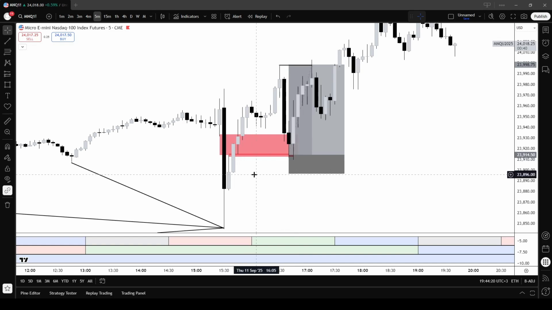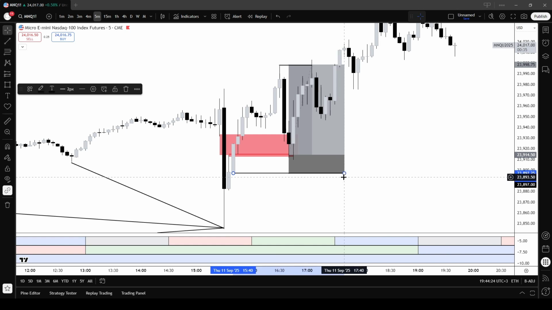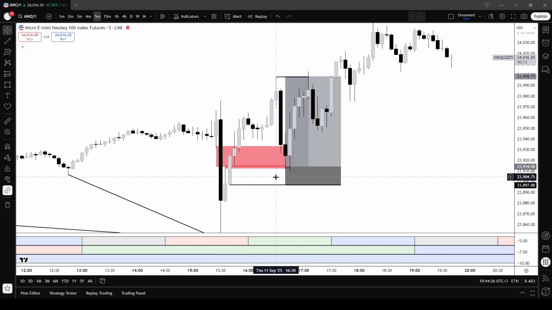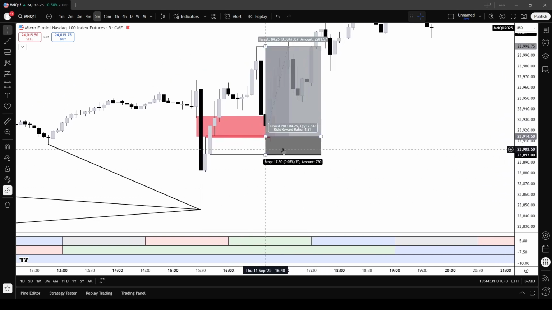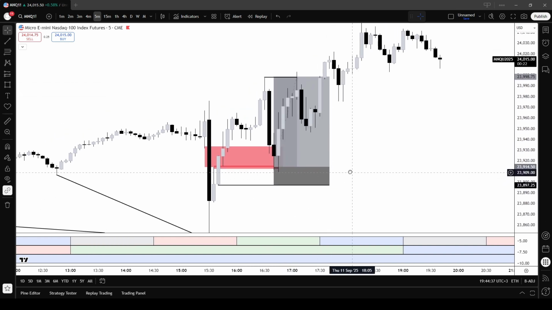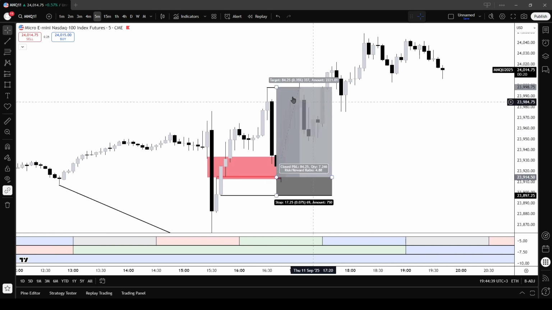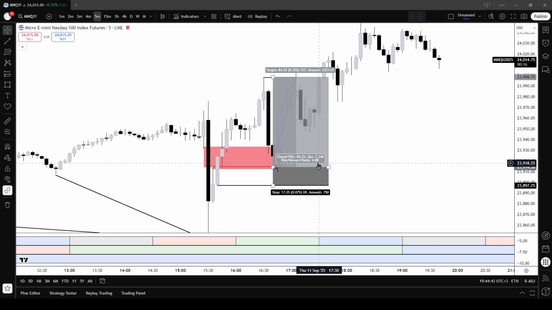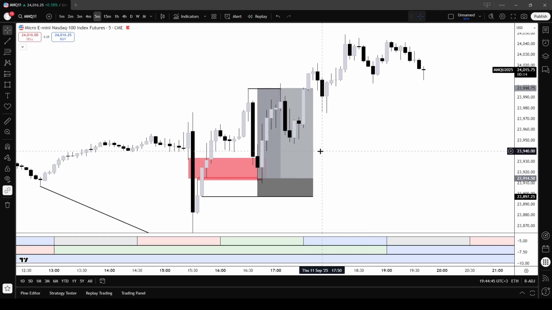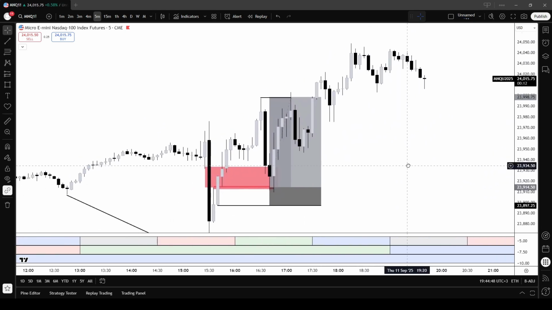My stop loss was below this candle, as you can see here. Why? Because I thought if the price goes down here, it will just drop, and there's no point in leaving the stop loss here or here. So I put my stop loss here, I entered from here, my take profit was here, and I got almost a 5 RR trade, which is pretty good on this day.